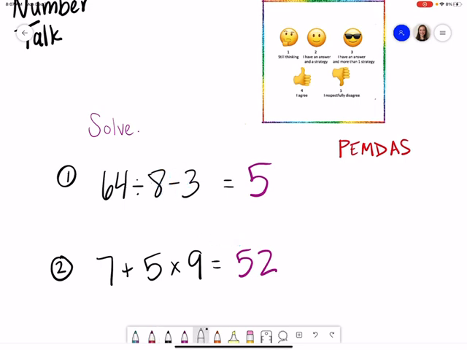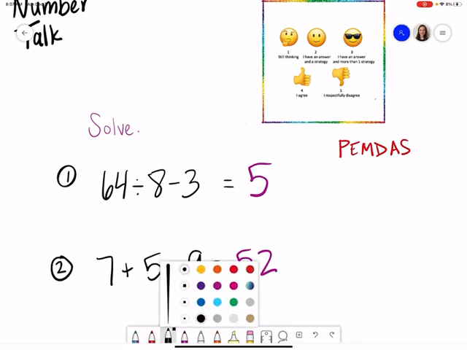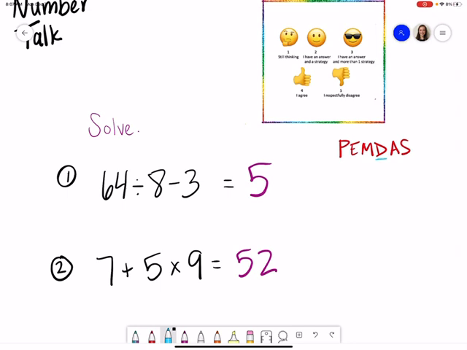Let's look right here. It's division, right? So first, I'm going to divide, and I know that 64 divided by 8 is 8. Now I can move to my next operation, which is subtraction. 8 minus 3 equals 5.